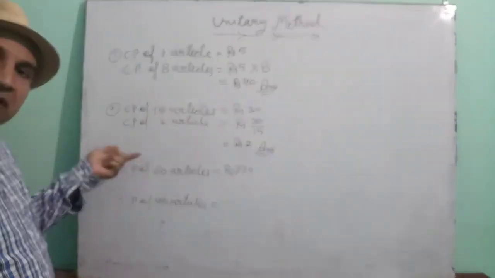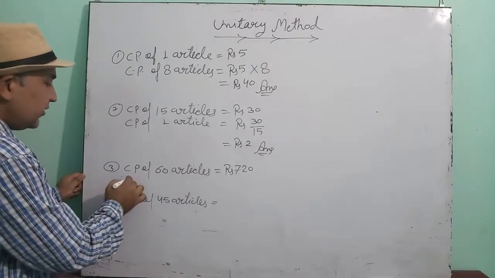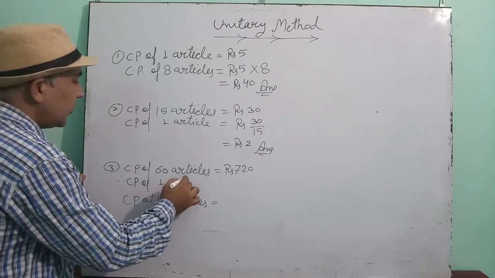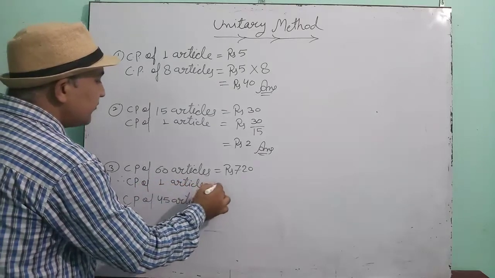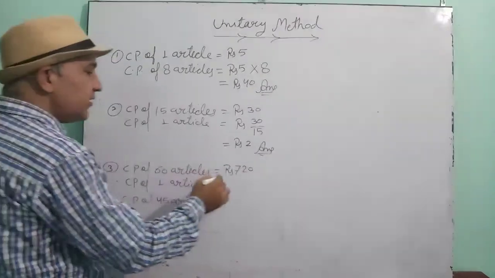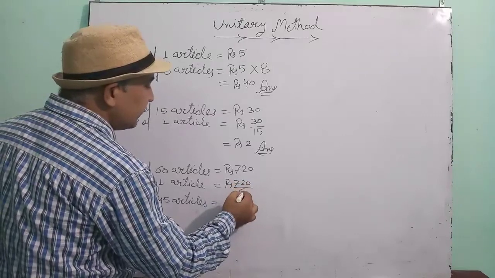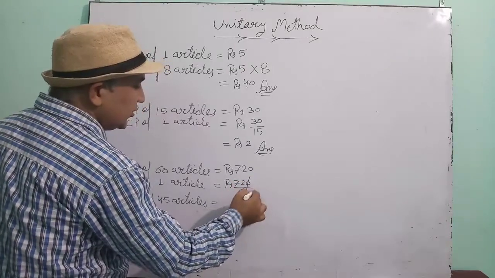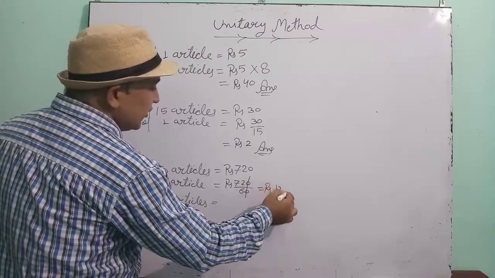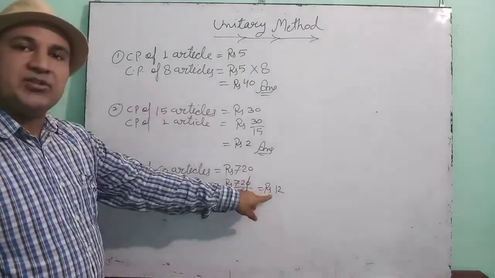First we will find the cost price of one article. One article value will be less than the value of 60 articles. So this 720 will be divided by 60. 0 cancel. 6 12s are 72. That means cost price of one article is 12.